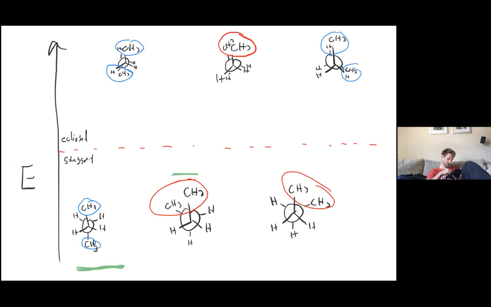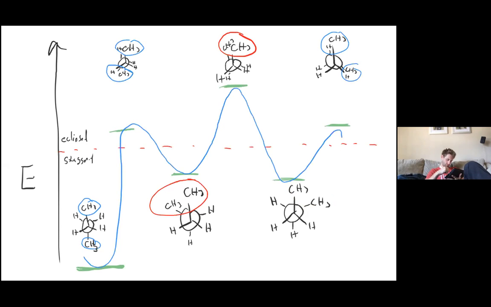That's going to take a lot more energy, which means that this is going to be a lot higher in energy than these 2. And then for generating your energy diagrams for these, you're literally just going to connect the dots. So I'll do it in blue. This would be an appropriate energy diagram for this Newman projection.